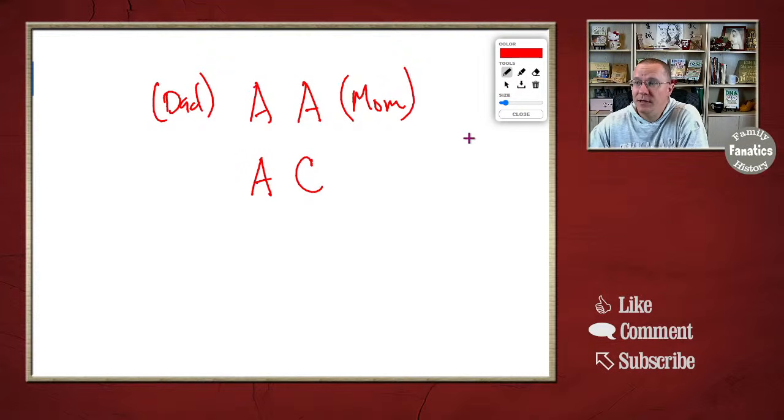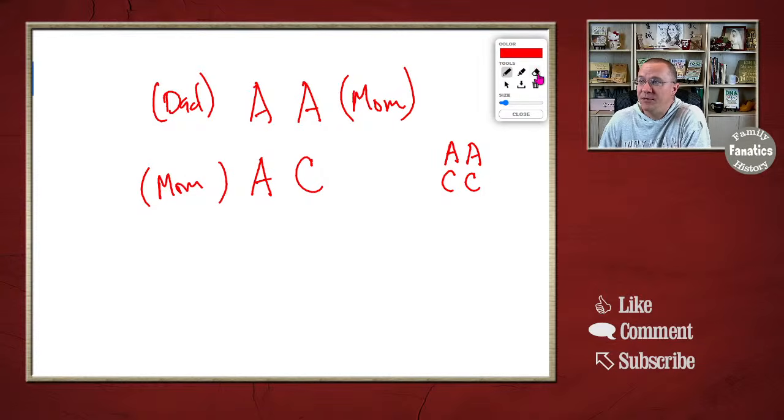Now, if your mom was an AA because you have her DNA, well, then that clearly means that, hey, this has to be the mom over here. On the other hand, if your mom was a CC, well, that means then that your mom is over here.